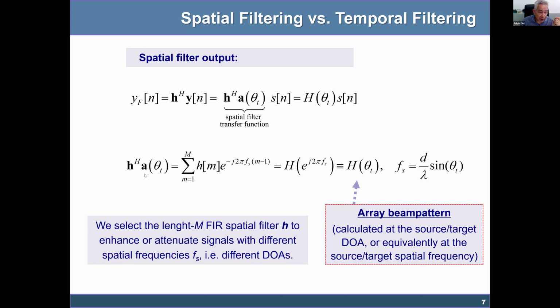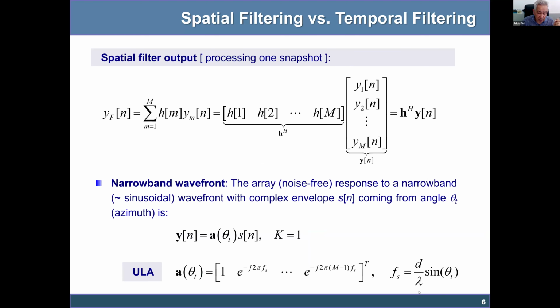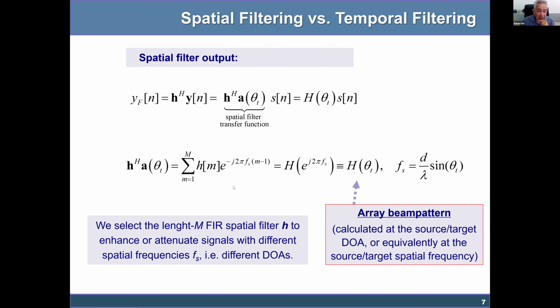Now, if the array is a ULA, the array response is this complex exponential at the spatial frequency Fs, which is related to the direction of arrival. And so if the array is a ULA, you see that the beam pattern is just the Fourier transform of the impulse response of the spatial filter.